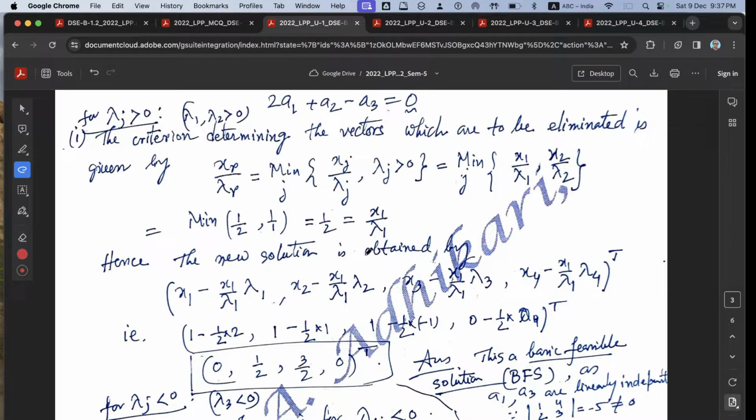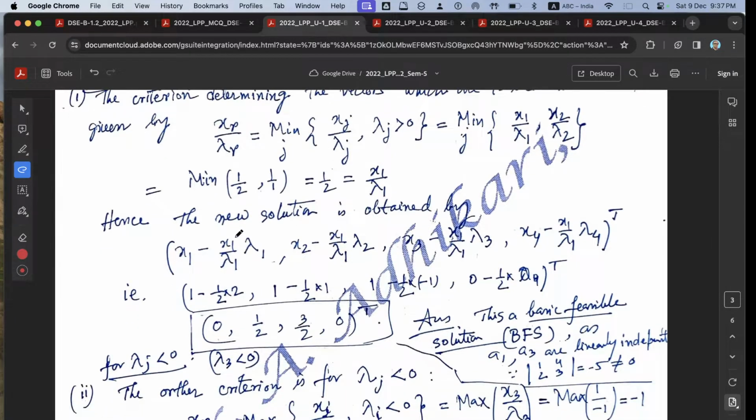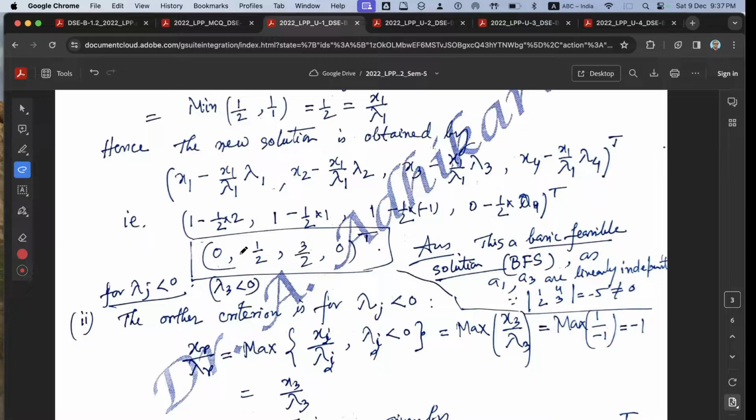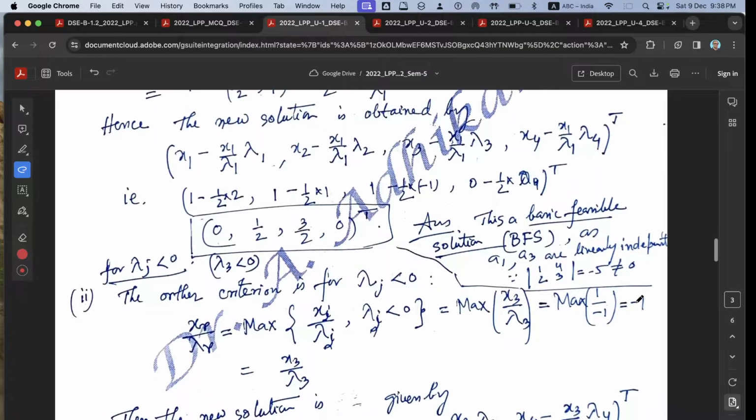Hence the new solution is obtained: (x1 minus x1 by lambda 1 times lambda 1, x2 minus x1 by lambda 1 times lambda 2, x3 minus x1 by lambda 1 times lambda 3, x4 minus x1 by lambda 1 times lambda 4) whole transpose, a column vector. So we get (0, half, 3 by 2, 0) as a column vector. This is a basic feasible solution, as a1 and a3 are linearly independent, because the corresponding determinant is minus 5, not equal to 0.